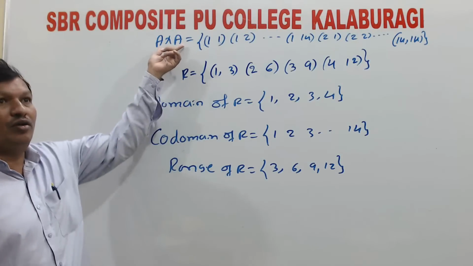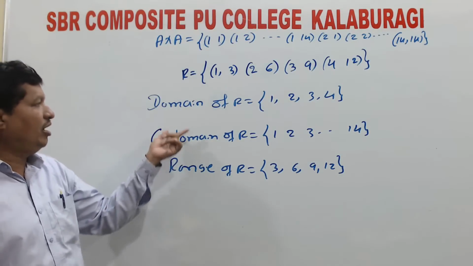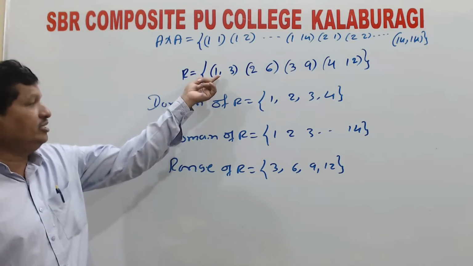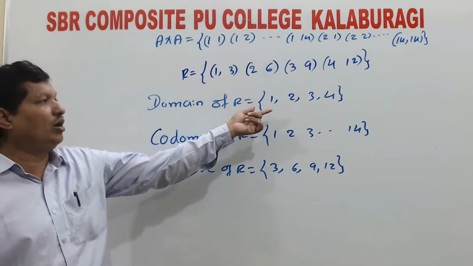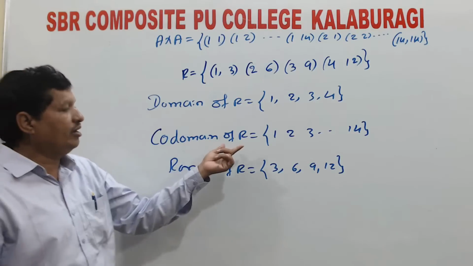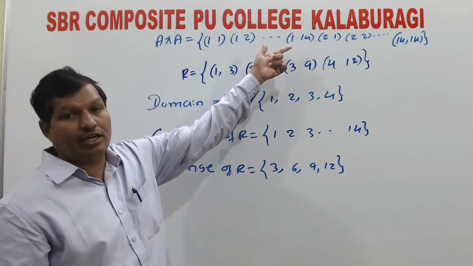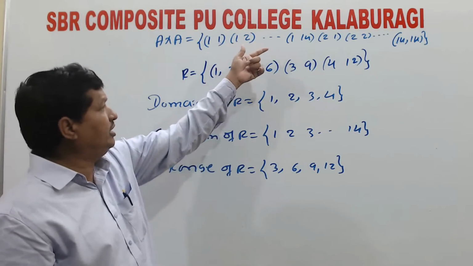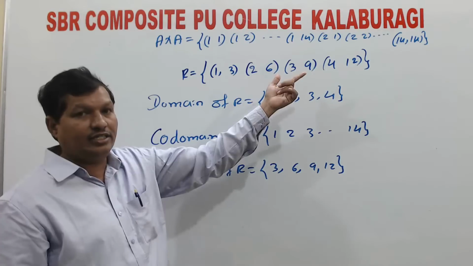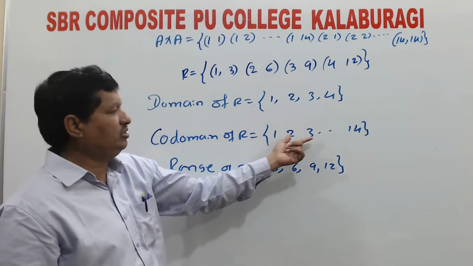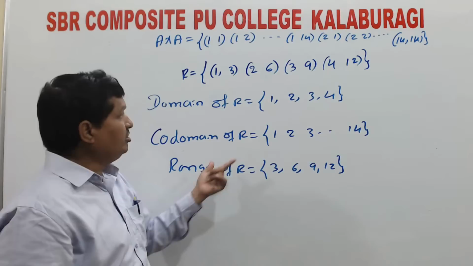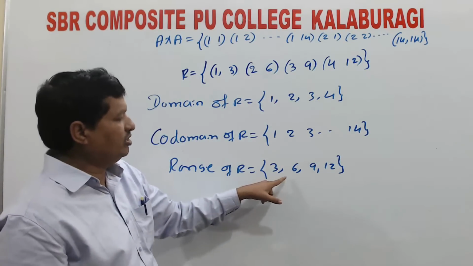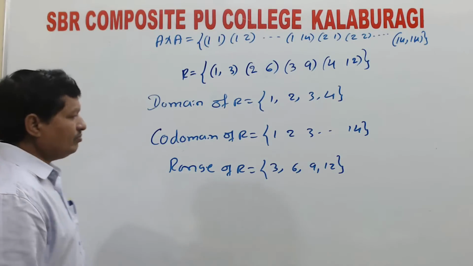R is a subset of the Cartesian product of two sets, and domain is the set of all the first elements of the ordered pairs, that is 1, 2, 3, 4. Codomain means the second set of the Cartesian product. What is the second set? A cross A means the second set is also A. That is why the codomain is the whole set. Range means the set of all second elements of the ordered pairs: 3, 6, 9, 12.